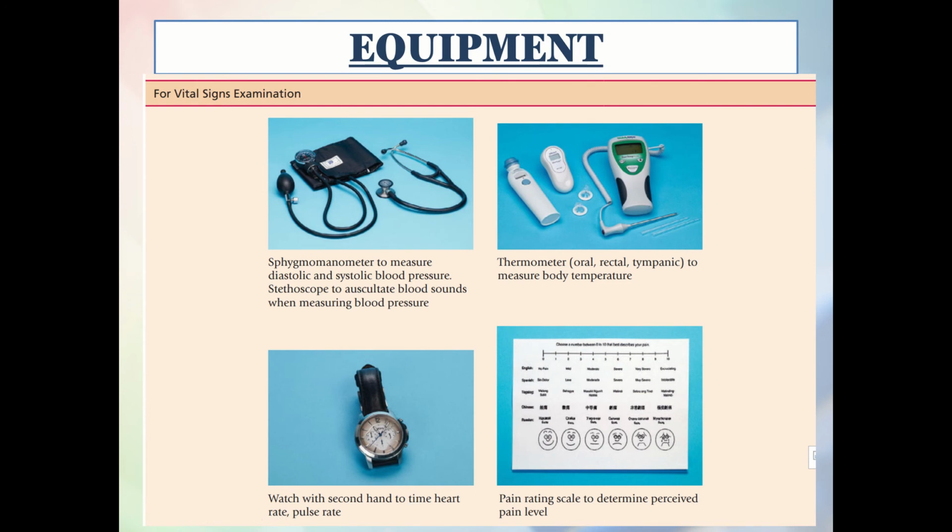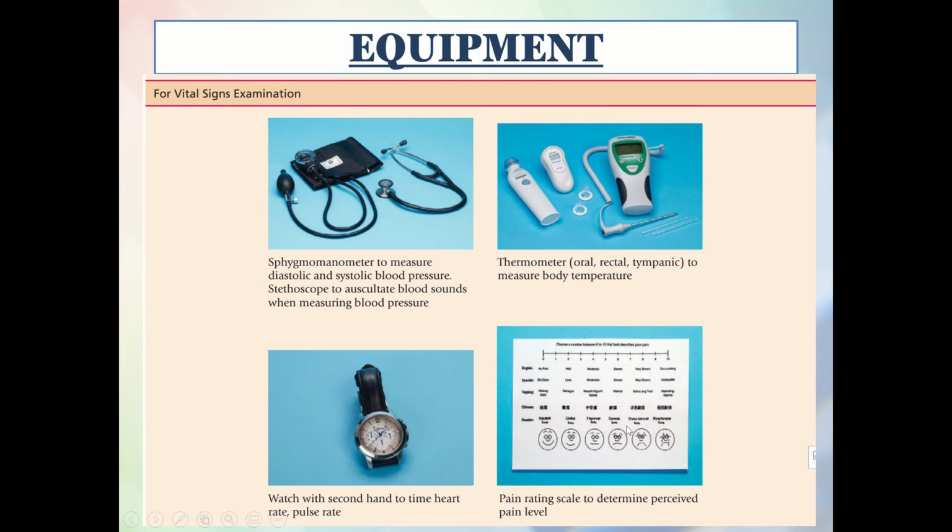Even the respiratory rate sometimes, definitely ginagamit natin din yung ating watch to determine the respiratory rate of the patient. Okay? Cycles per minute kasi yun. Si pulse rate naman, beats per minute. Okay, next, pain rating scale to determine perceived pain level.